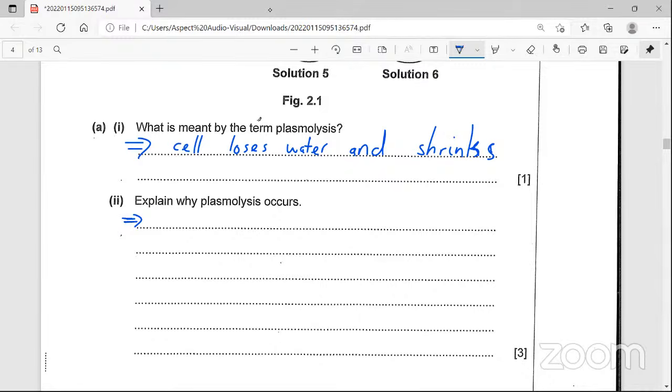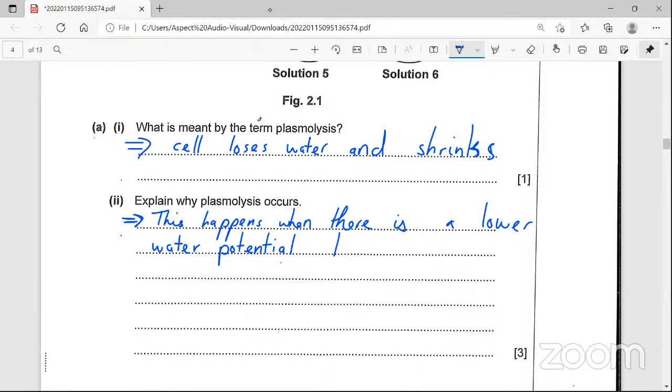Right. So you need to mention this happens when there is a lower water potential outside the cell than inside the cell. Are we together?